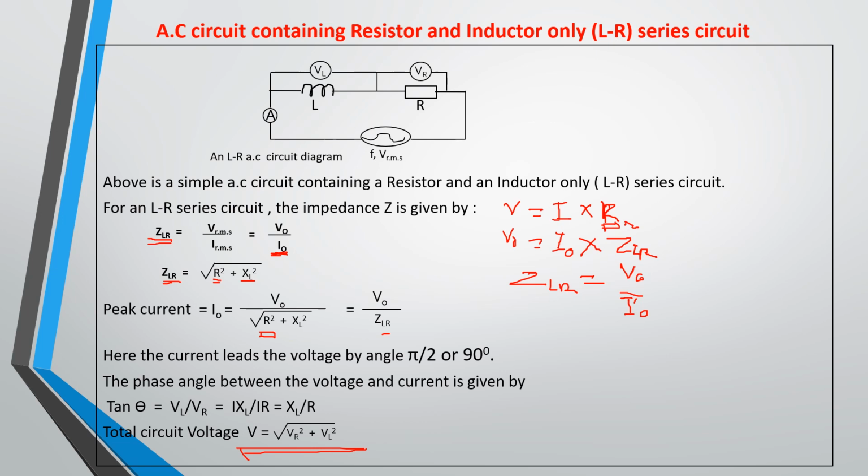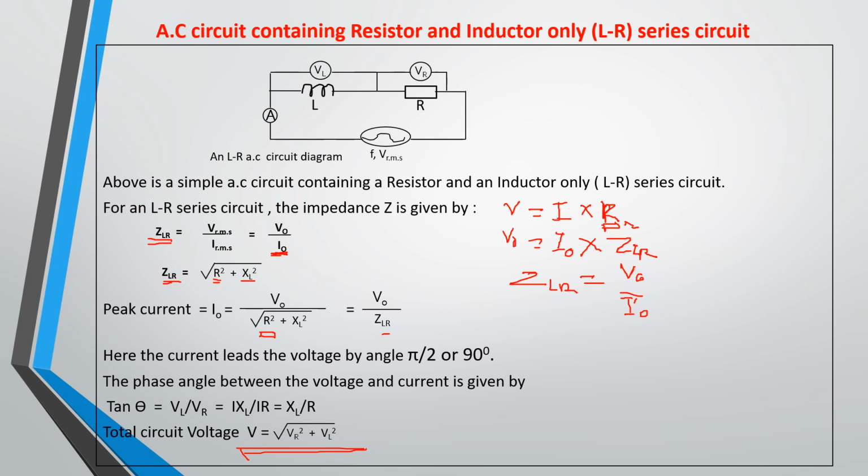Alright, so we'll go straight now to see the application of these equations that we have just discussed, because it is better you apply the equations for you to understand them. But remember from our previous discussion, in your study of resistors and resistance, that voltage is equal to what? Current times resistance. So as I said, where you have resistance, if you are dealing with capacitors, you have capacitive reactance.